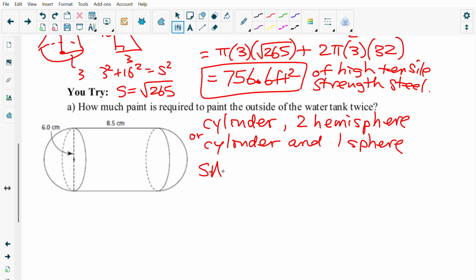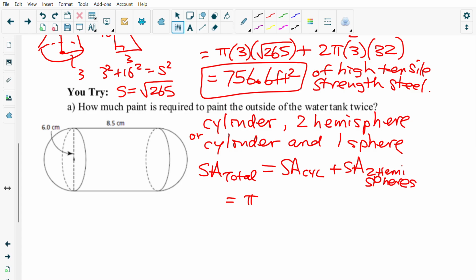So how much paint is required to paint the outside of the water tank twice? So I need the surface area. Surface area of the water tank total equals surface area of the cylinder, let's do it in general terms, plus surface area of 2 hemispheres. The cylinder, I'm just considering the lateral surface.